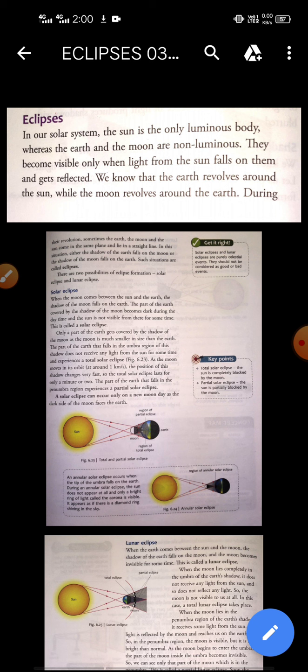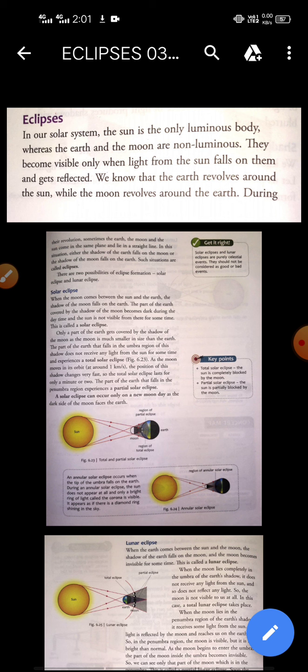In our solar system, the sun is the only luminous body, whereas the earth and the moon are non-luminous, and they are visible only when light from the sun falls on them and gets reflected.